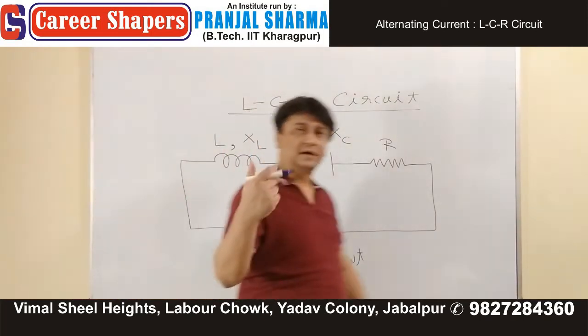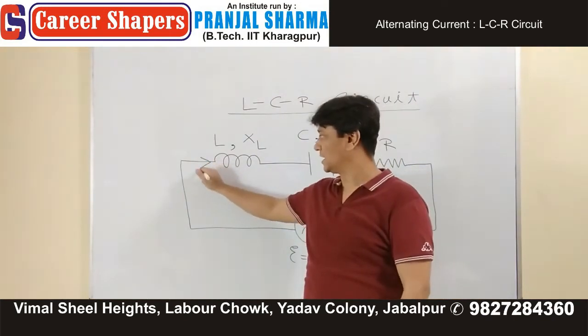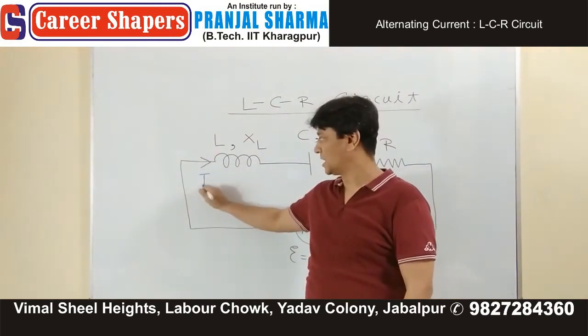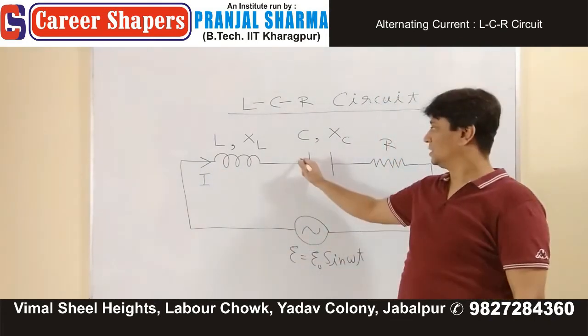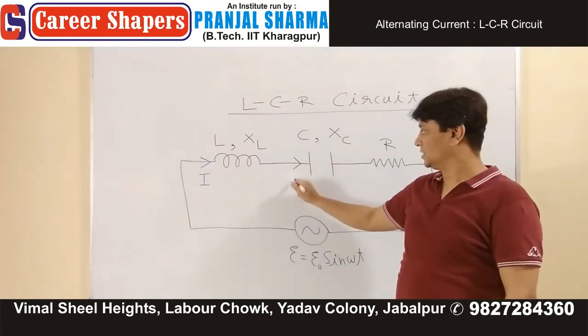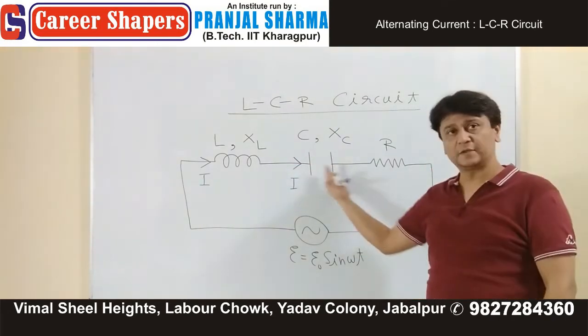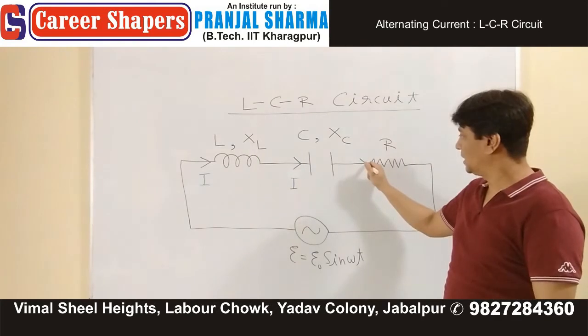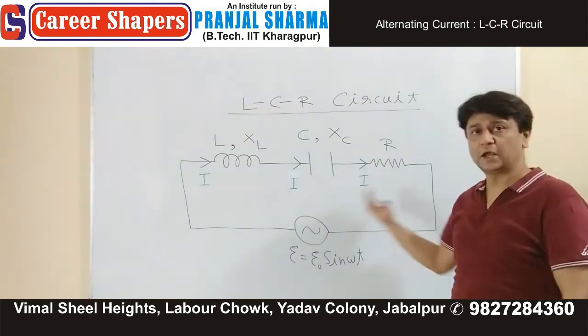Although current, its direction changes, but if I say that current at a given moment is I and is flowing in this direction, then current in this will also be I, flowing in the same direction. Current in this will also be I, flowing in the same direction.